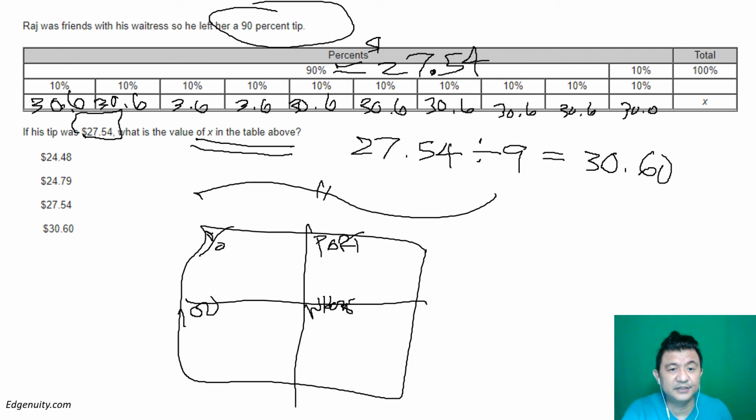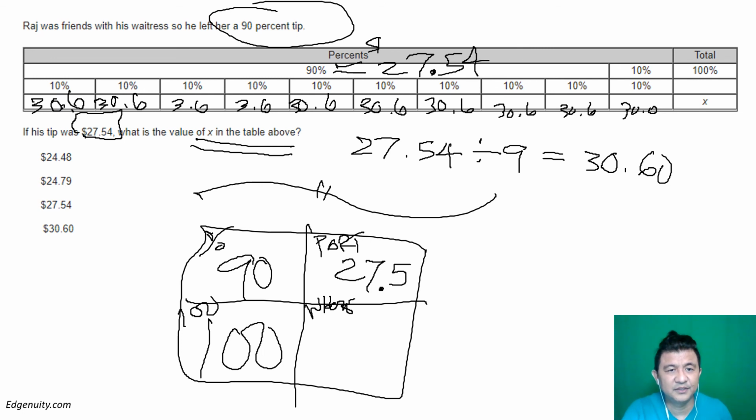I know 90%. 90% out of 100 always, and that's equal to how much? 27.54. All right. So what is the whole? That's what's missing now.